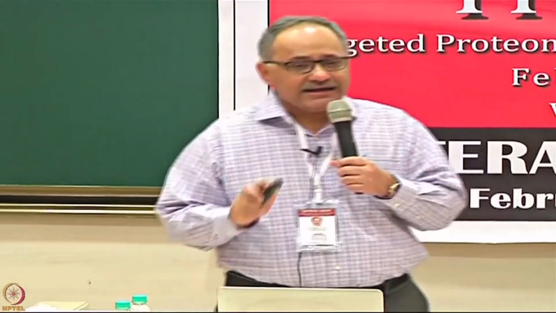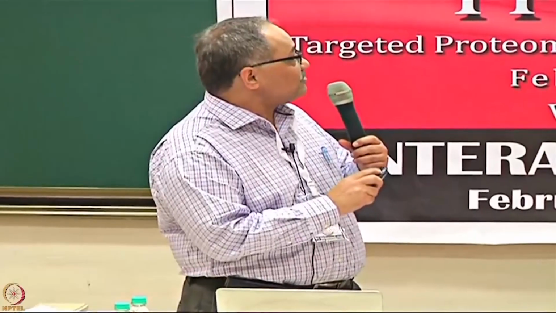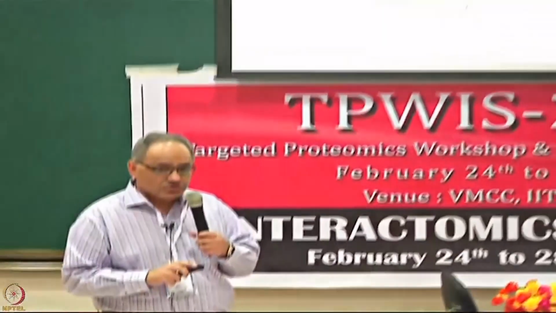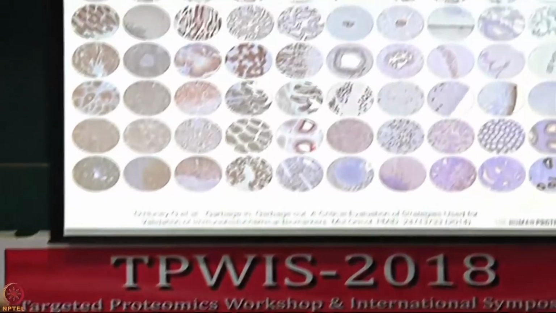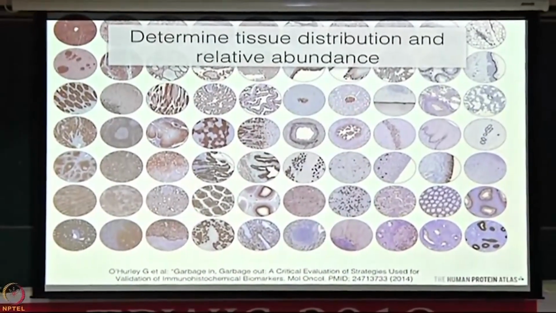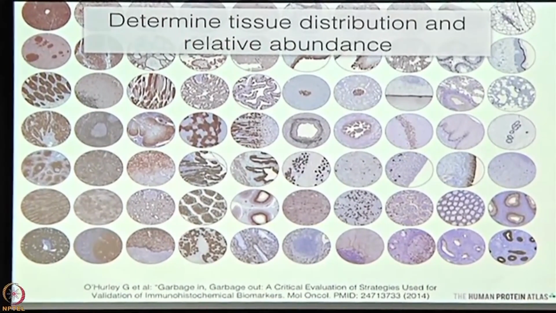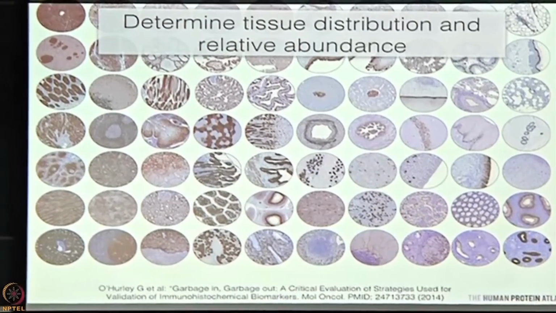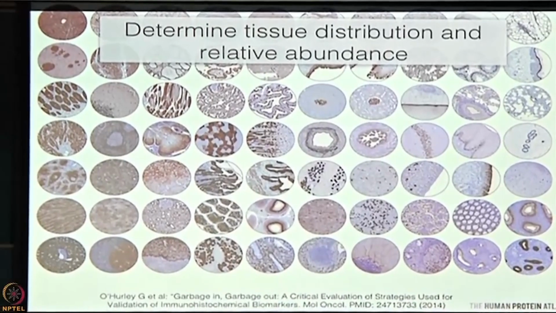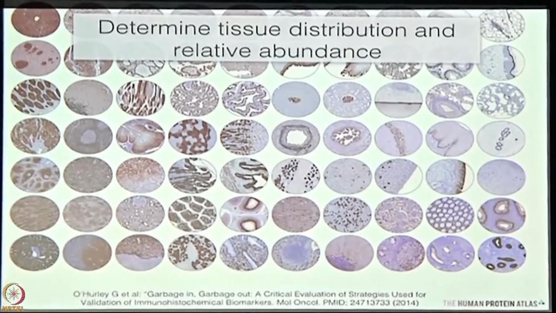Right, so the idea after carrying out immunohistochemistry on these tissues with all the antibodies is to find out the relative distribution and the abundance. Where in the normal tissues is it present? And how much of it is there?